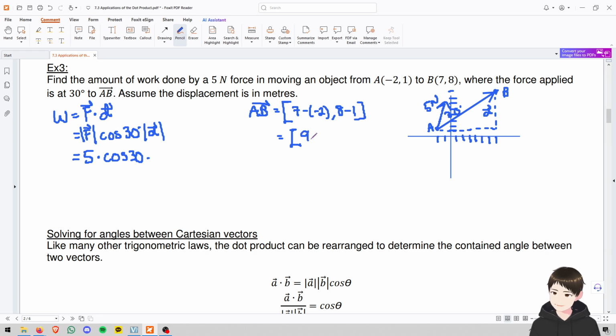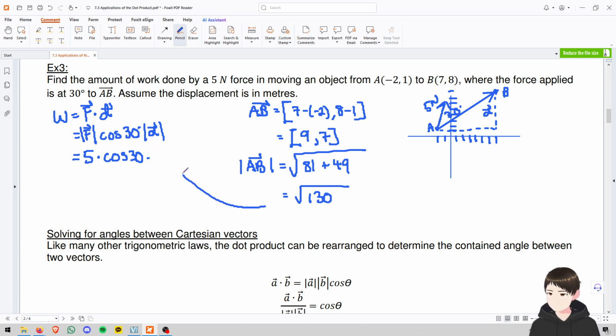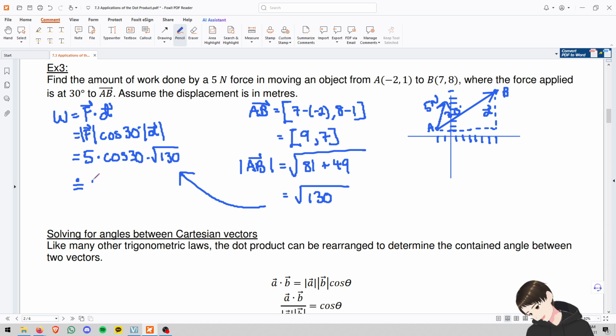The vector itself is 9, 7. That means the magnitude of AB is the square root of 9 squared plus 7 squared, which is the square root of 130. My final answer, let me take a look at my calculator, is approximately 50 joules. There you go.